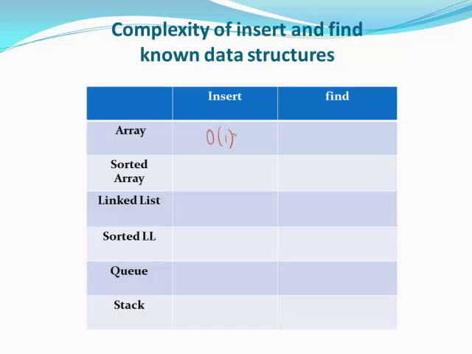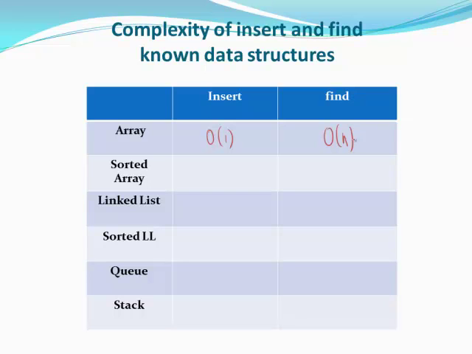Even if the array is not big enough, we can use amortized cost analysis to show that we can do inserts into an array in big O of 1. On average, the cost of inserting one element into the array is big O of 1. Now, finding an element in a random array would cost you O of n. You will have to look through the entire array to find it.